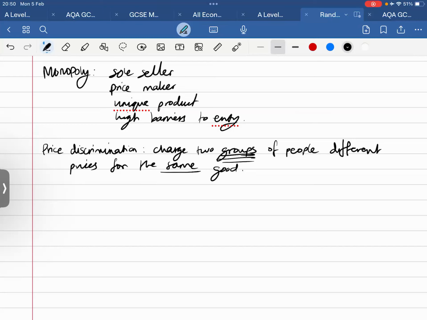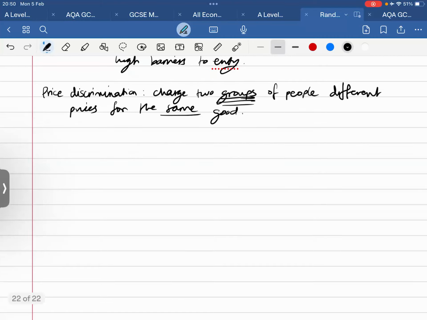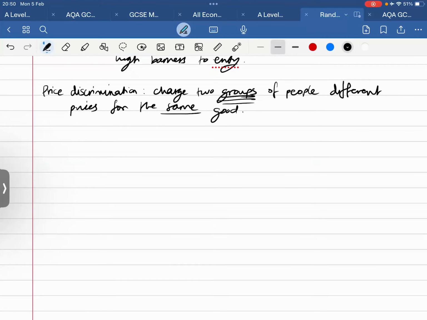First thing before we continue is what is required for price discrimination to be possible. So you need to be able to identify two or more groups of consumers.